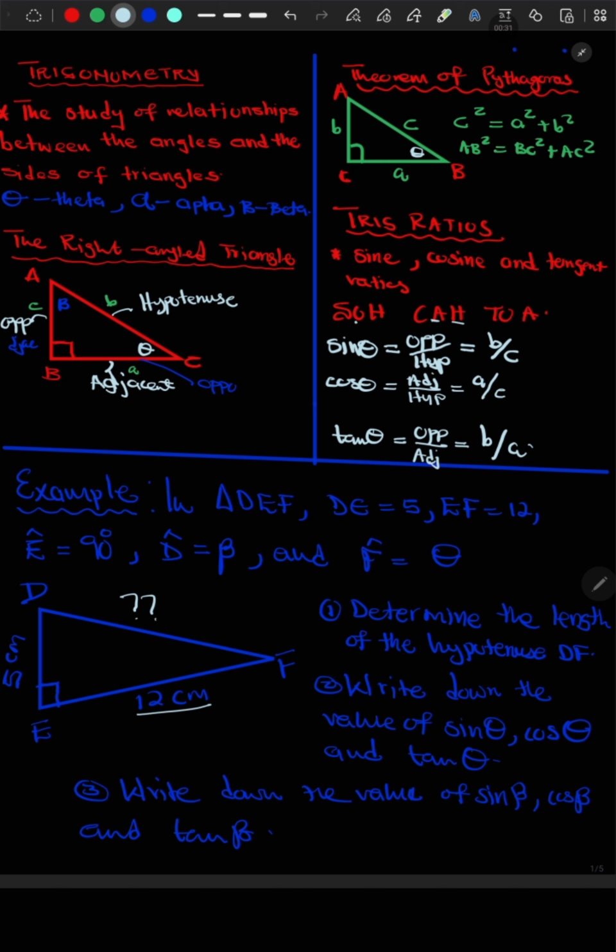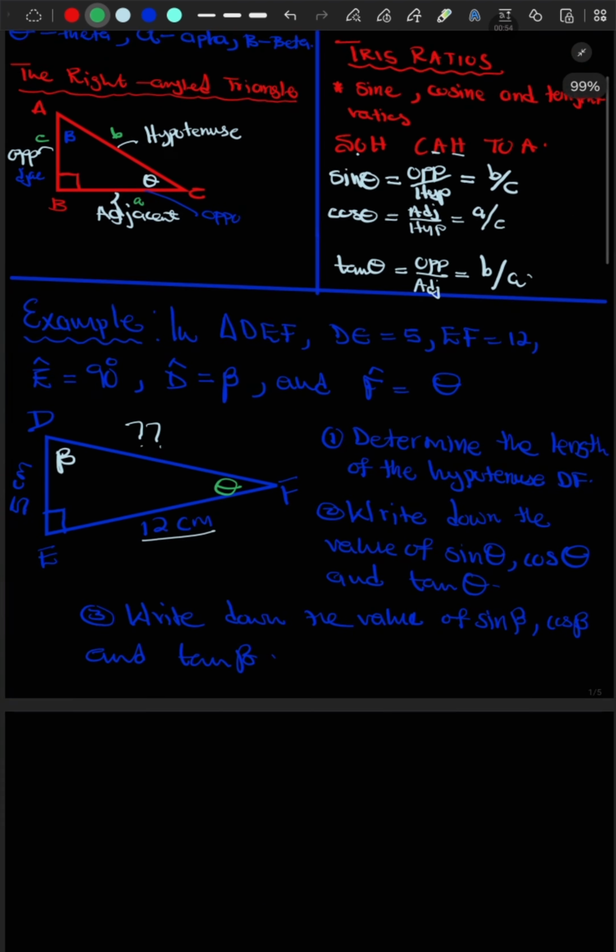And then angle D is equal to beta, or beta, depending on your pronunciation. And then angle F equals theta, okay? And the first question says, determine the length of the hypotenuse DF.